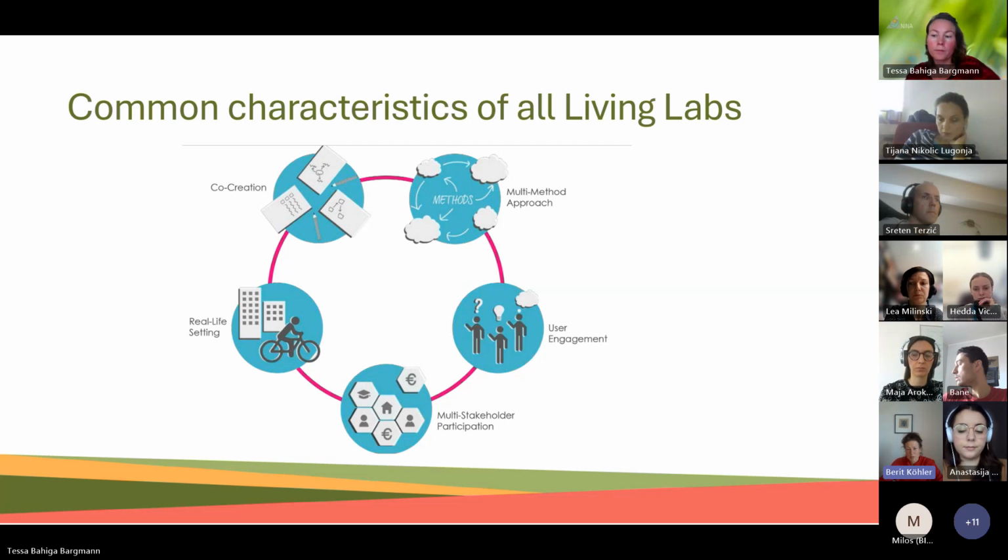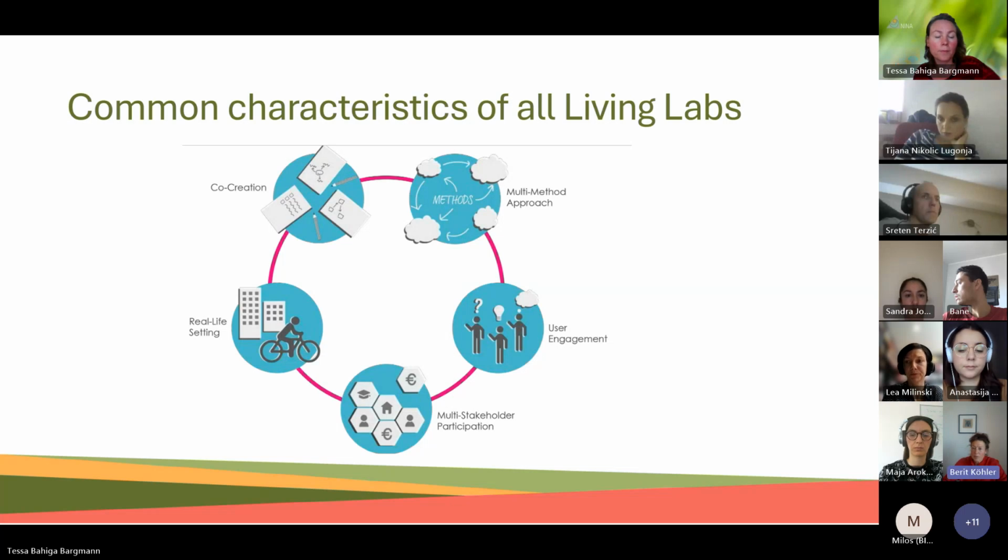We will come back to this later when we talk about stakeholder mapping. But it actually means to include representatives of the public and private sector, from academia, and the local people, the normal people, let's say, without any official role, the citizens.